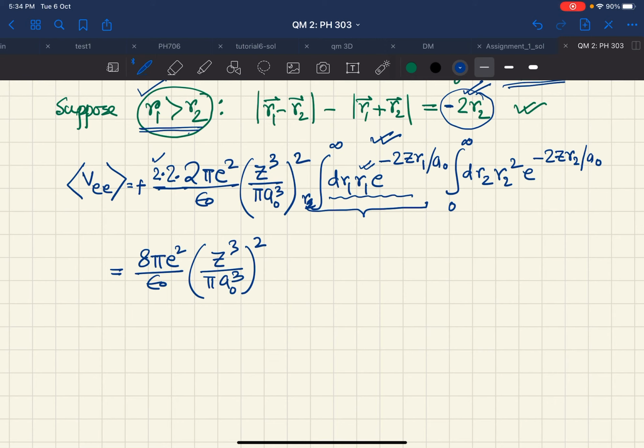If you do this integral by performing integration by parts, that part I am sure you will be able to do. Let me write down the final result. So this is the R2 integral, which is from 0 to infinity, and the result for the R1 integral, by putting the two limits, becomes minus e to the minus 2z R1 by a0 times (R1 a0 by 2z plus (a0 by 2z) whole square).